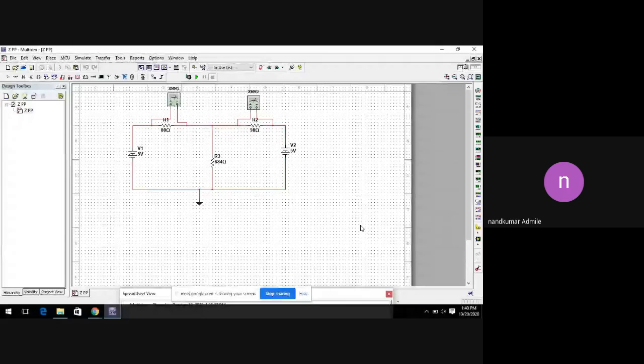So how do we calculate the values using simulation software? For that, we require the condition of the Z parameter. For the Z parameter, we can consider a simple circuit diagram which consists of two voltage sources, V1 and V2. We can use any voltage values.